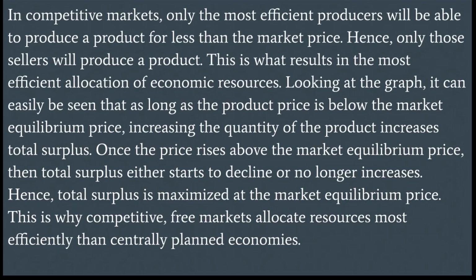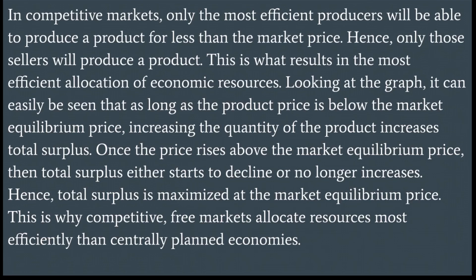In competitive markets, only the most efficient producers will be able to produce a product for less than the market price. Hence, only those sellers will produce a product. That is what results in the most efficient allocation of economic resources. Looking at the graph, it can be easily seen that as long as the product price is below the market equilibrium price, increasing the quantity of the product increases total surplus.